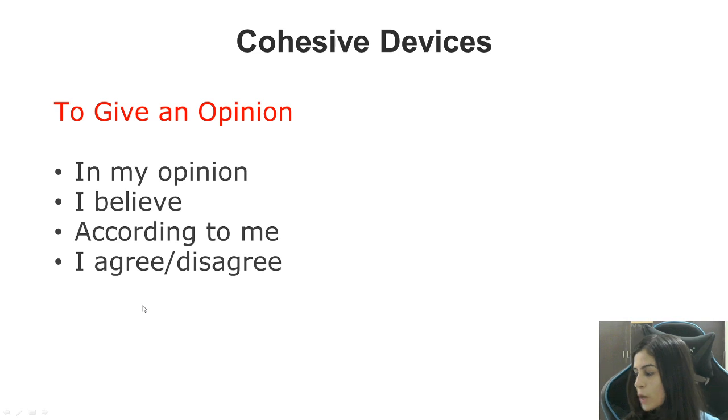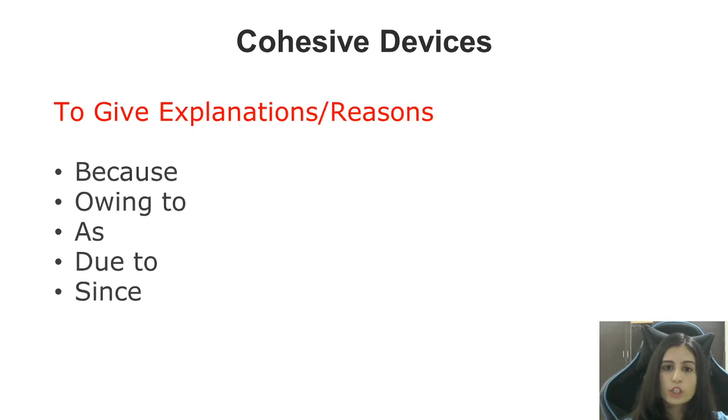Yes, guys, you are completely fine with what you have written, my point of view, my perception, as per my perspective, according to my perception. Okay, all of that is clear. Moving on to the next slide. To give explanations or reasons, you have to use these words: because, owing to, as, due to, since.